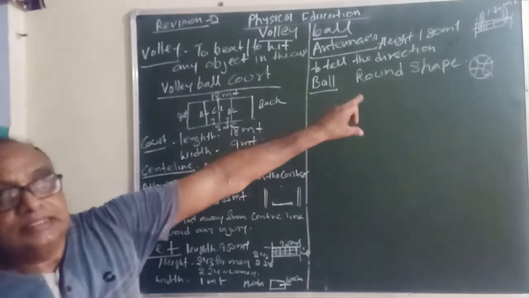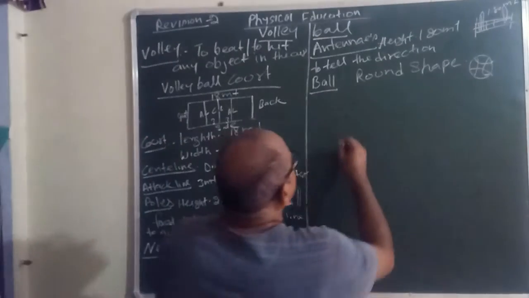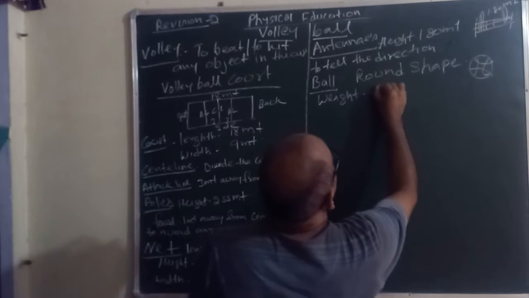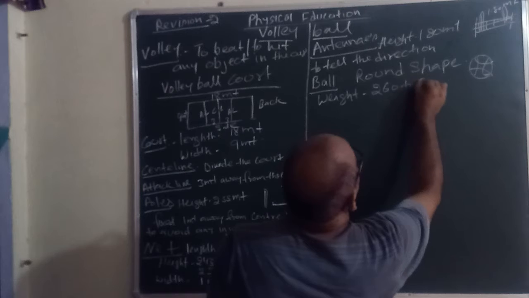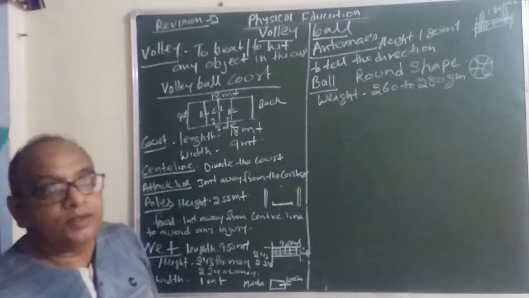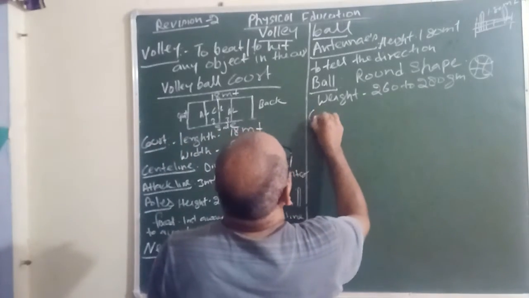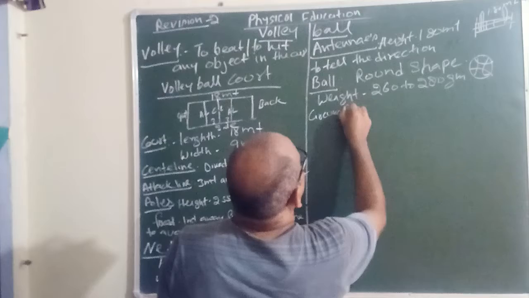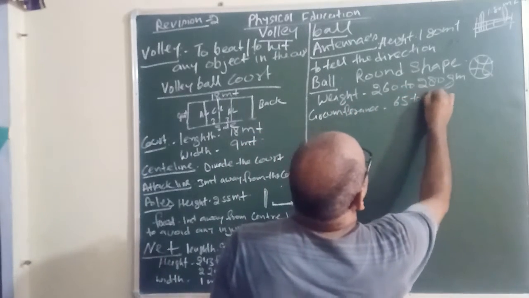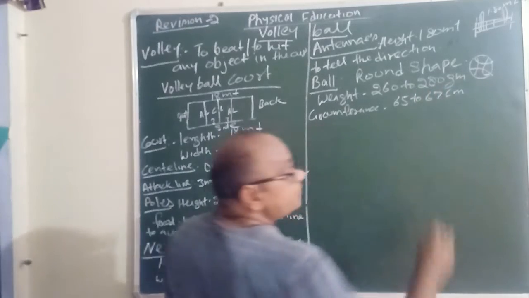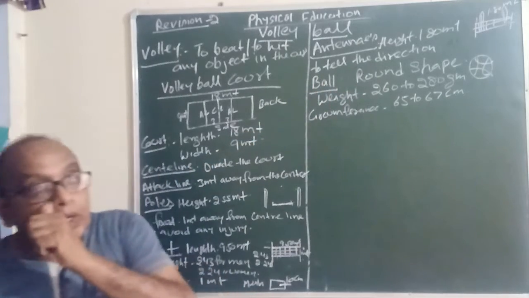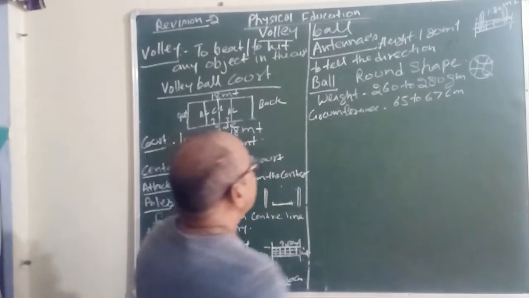It will be round in shape, and its weight will be 260 to 280 gram, and its circumference will be 65 to 67 centimeter. It is the ball.